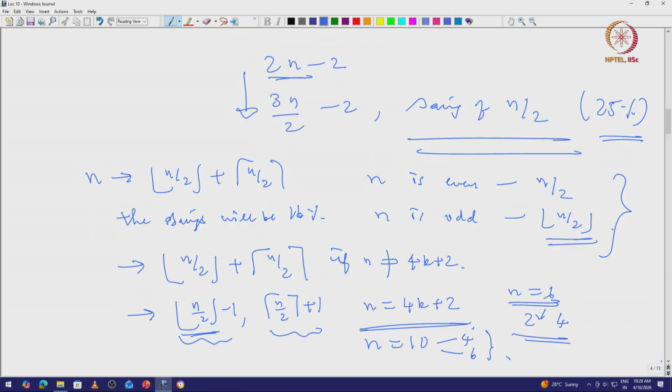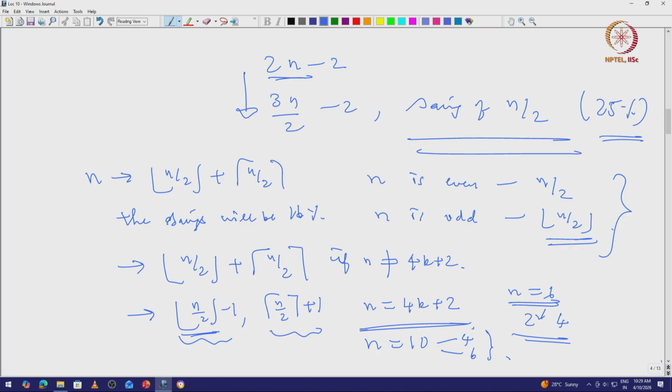So an even number will be split into smaller even numbers. They will be further split into smaller even numbers. So an even number will finally have only 2 as leaves. An odd number will be split into an even number and a smaller odd number. That smaller odd number will be further split into an even and a smaller odd number. There will be only one, finally, the smallest odd number, namely 1.